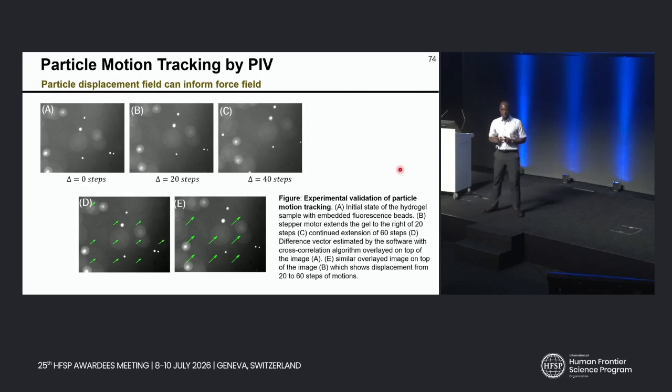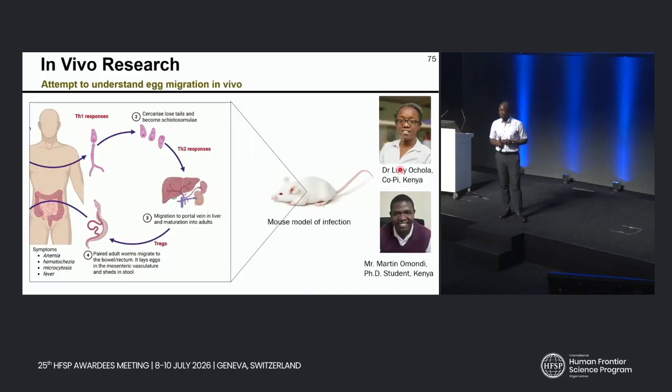This was where the challenge started. We seeded fibroblasts on this and continued to assess, but the fibroblasts would not be happy on the gel. We are still continuing to track their motion, but that is proving to be really tough. Getting the cells to move around on this gel is something they're still working on.